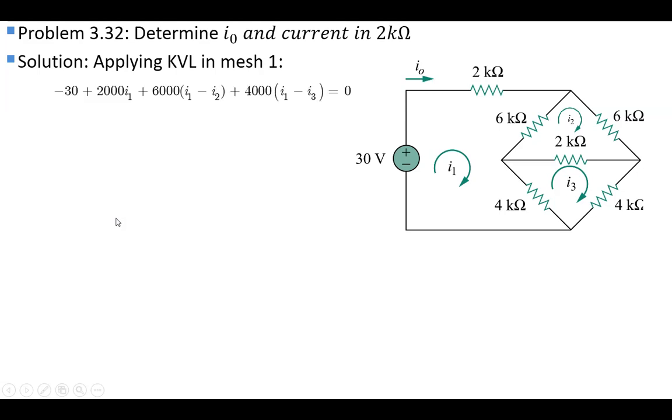Let's start applying KVL in mesh number 1, starting from this point. There are 4 elements in mesh number 1: the 30 volt battery, the 2 kilo ohm resistance, the 6 kilo ohm resistance, and the 4 kilo ohm resistance. So we will need 4 voltages. KVL says that the algebraic sum of the voltages should be 0.